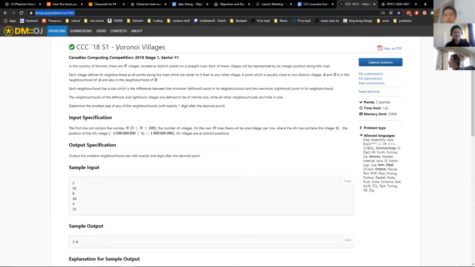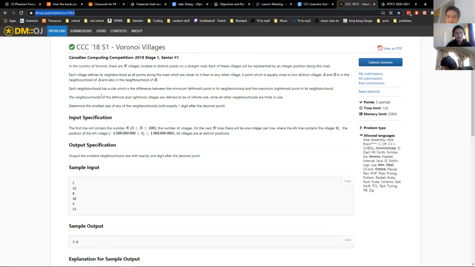Okay. Voronoi Villages. In the country of Voronoi, there are N villages located at distinct points on a straight road. Each of these villages will be represented by an integer along this road. Each village defines its neighborhood as all points along the road which are closer to it than any other village. A point which is equally close to two distinct villages, A and B, is in the neighborhood of A and also in the neighborhood of B. Each neighborhood has a size which is the difference between the minimum leftmost point in its neighborhood and the maximum rightmost point in its neighborhood.